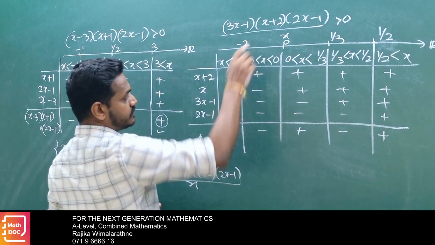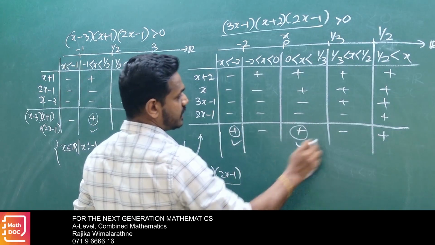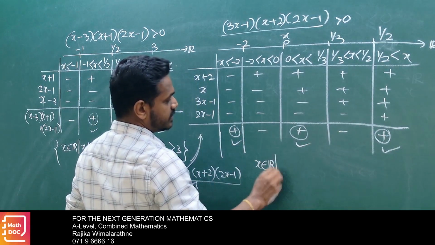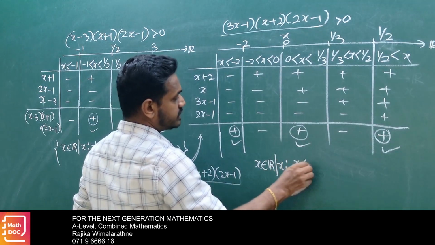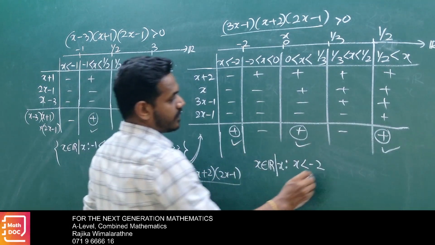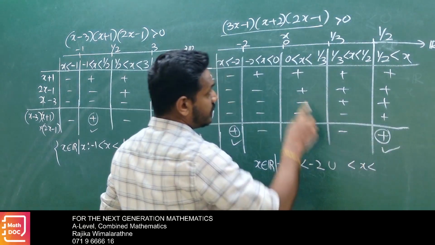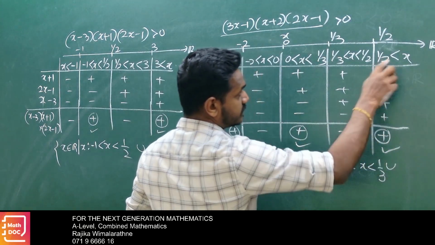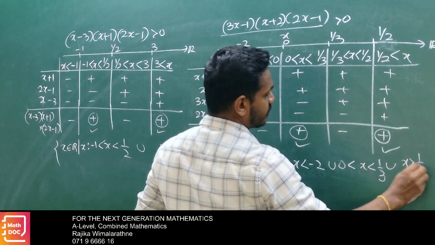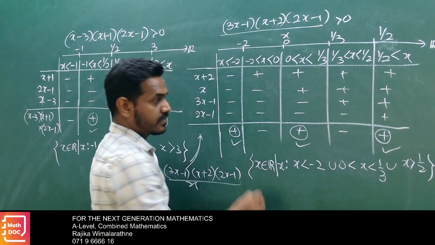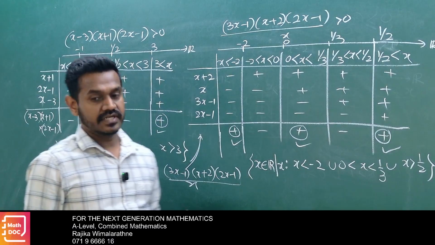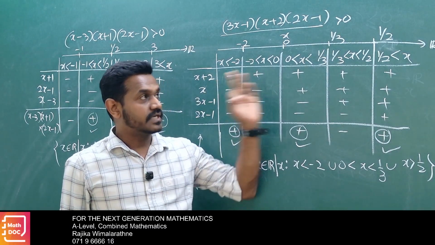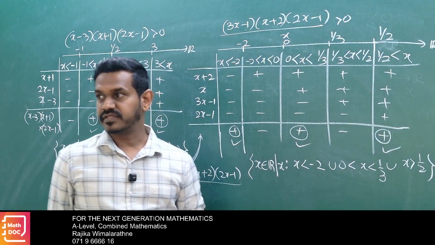We need positive. We have 3 sections. Final answer: x is an element of the real set, x such that x less than minus 2, union 0 to 1/3, union x greater than half. That is the second one. Here no need to think about zeros, because equal is not given.